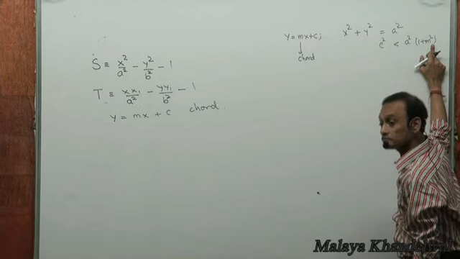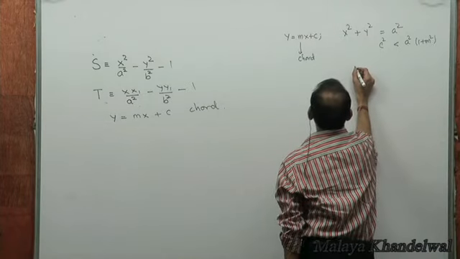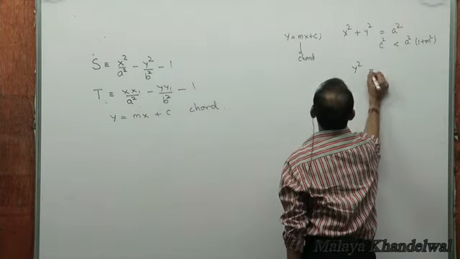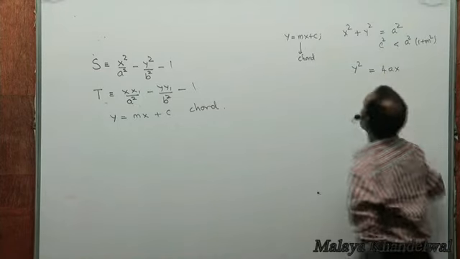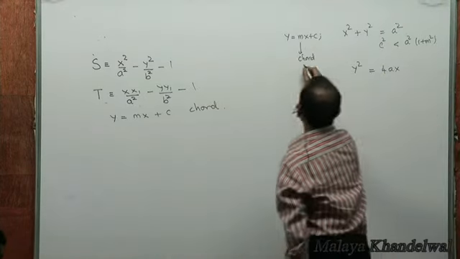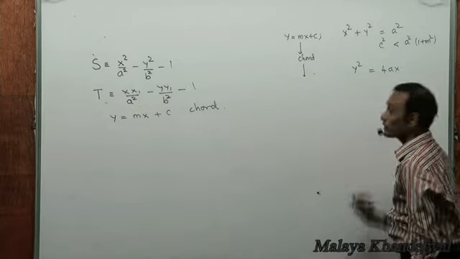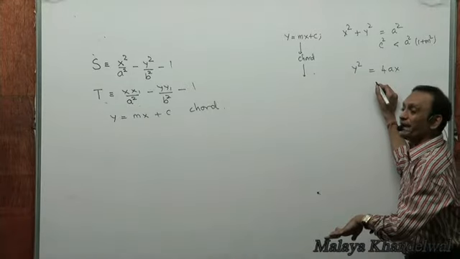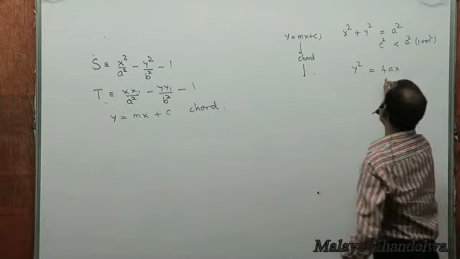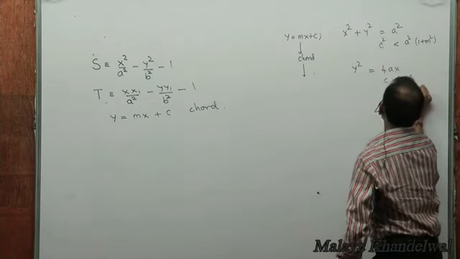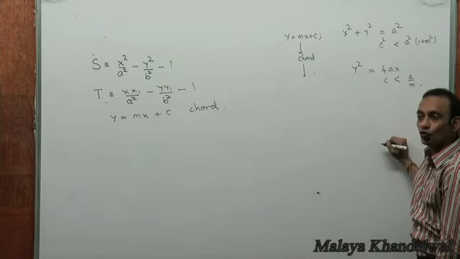That's for a circle. For a parabola, y squared equal to 4ax, if this is a chord, then c equal to a by m would be a tangent, and c less than a by m will be a chord.